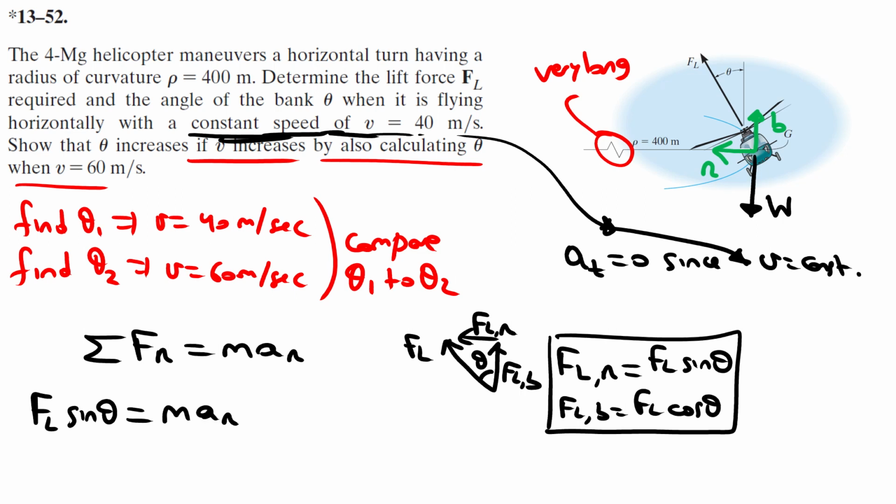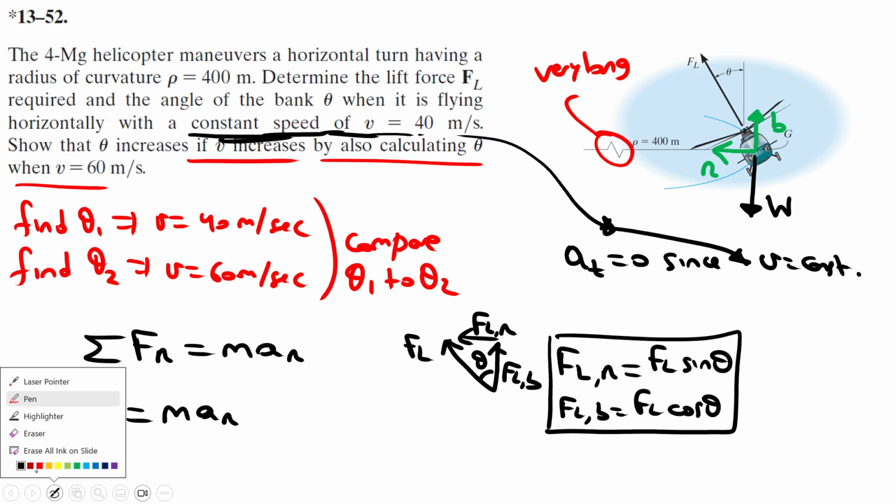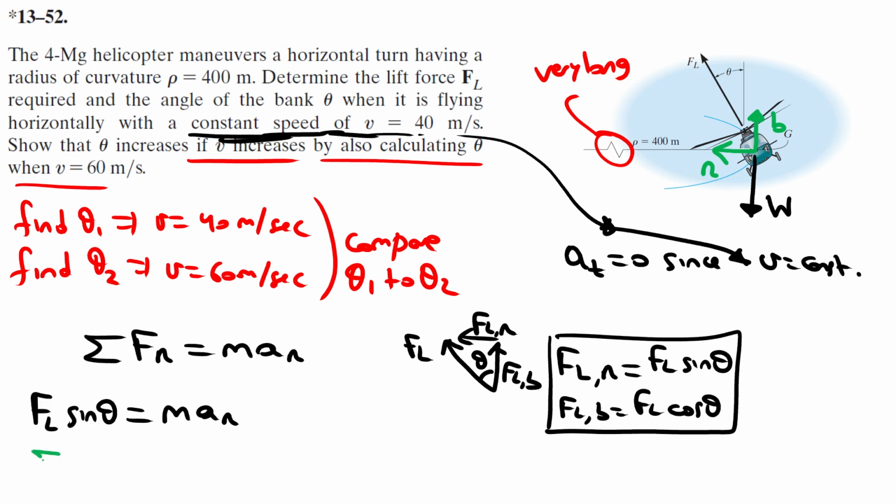Okay. And then we have the force balance for the B direction. The sum of forces in B is equal to 0, and we don't have any acceleration, so no a_B. So FL cosine theta minus W will be equal to 0. That's the second equation.